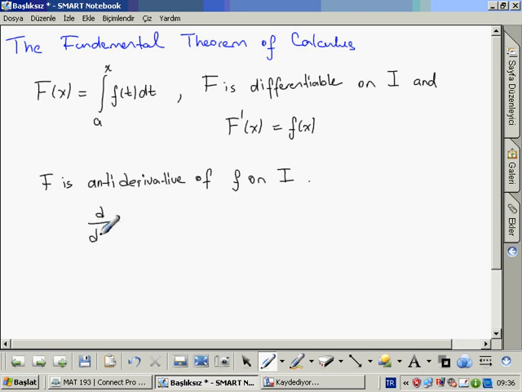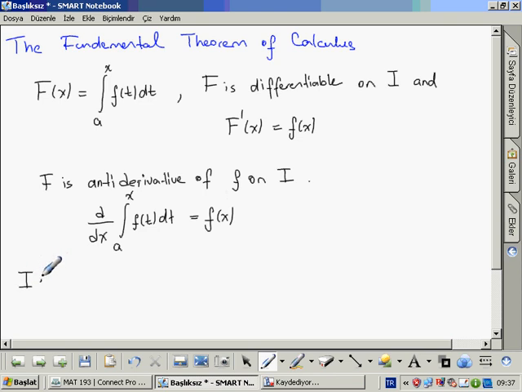And d over dx of the integral from a to x of f of t dt equals f of x.